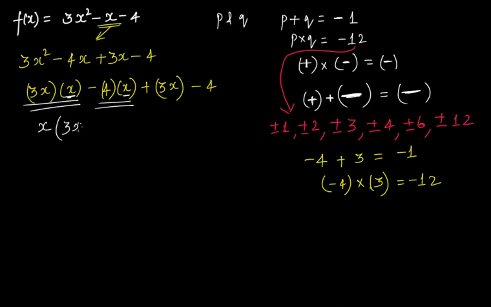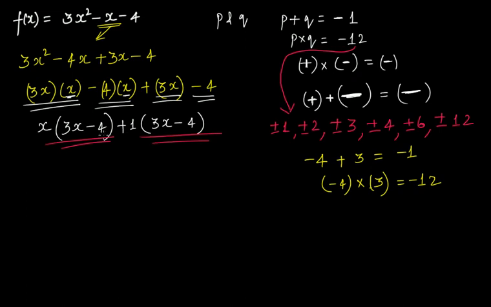So you have 3x minus 4 and we want another 3x minus 4 here. So simply write it as 1 multiplied by 3x minus 4. If we combine these two terms, it is as if we are taking out 1 as common, it is 3x minus 4. We have just simply grouped them together. Now we have two terms and this 3x minus 4 is common in both. Applying the distributive property of multiplication over addition, you get x plus 1 multiplied by 3x minus 4. So we have factorized this polynomial into its factors, that are x plus 1 multiplied by 3x minus 4.